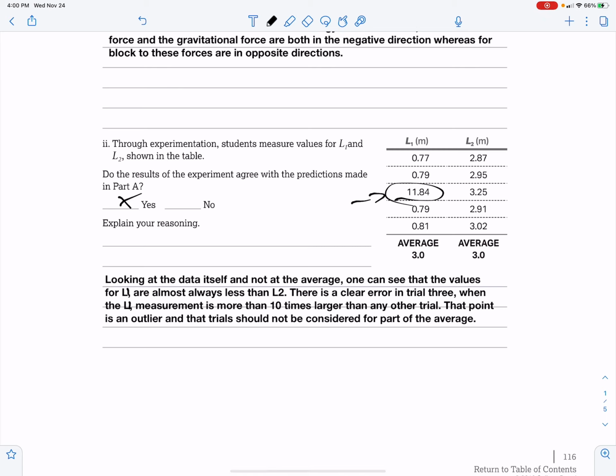That right there would be an outlier, and outliers are not to be considered as part of the average. So that's why the average looks so much higher. If you take this out and average those remaining 4 values, you can see the average for L1 is consistently lower than the average for L2.